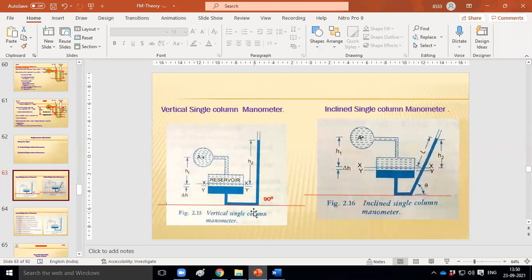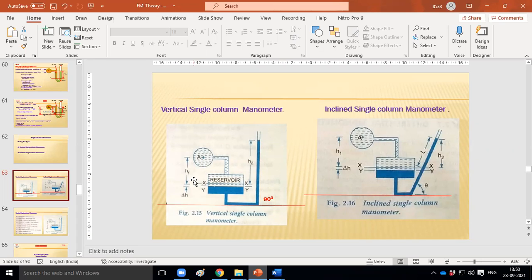And you tell me what will be the height of mercury from the center of pipeline in the left limb? What will be H1? H1 is without applying the pressure, the height of mercury from the center of pipeline.